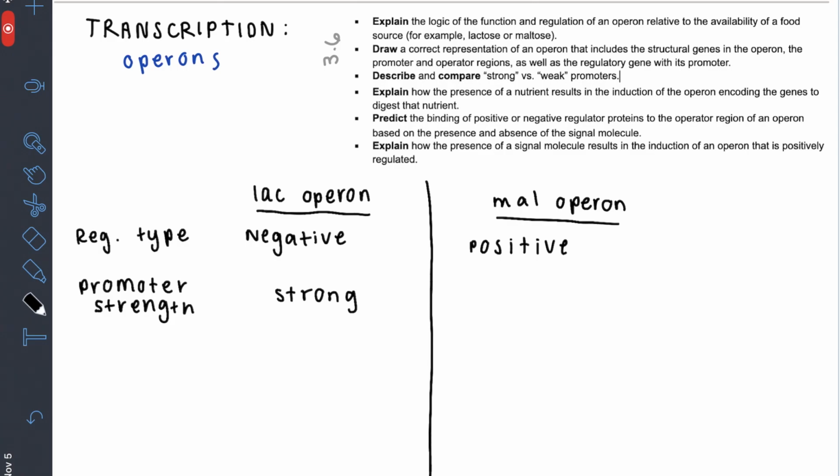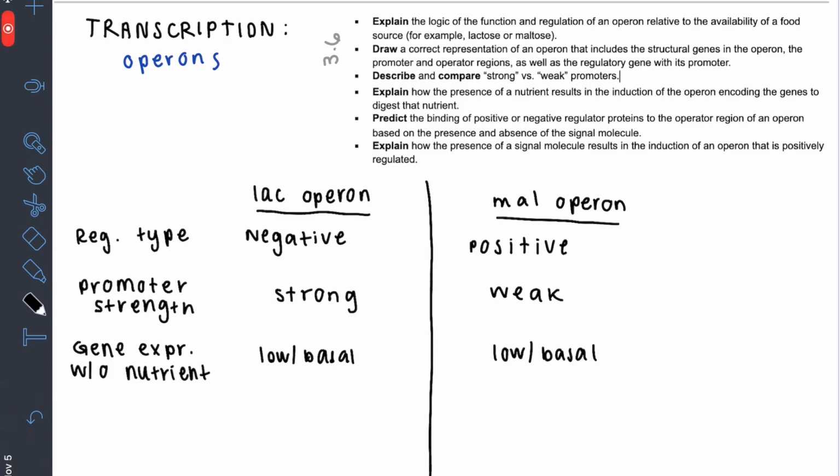For the mal operon, its promoter is very weak, so it needs a little extra help by binding to an activator. In both cases, transcription is very low without the nutrient and is high with the nutrient. In the example of the lac operon, it's low because the repressor is bound to the operator, preventing the promoter from doing its job.